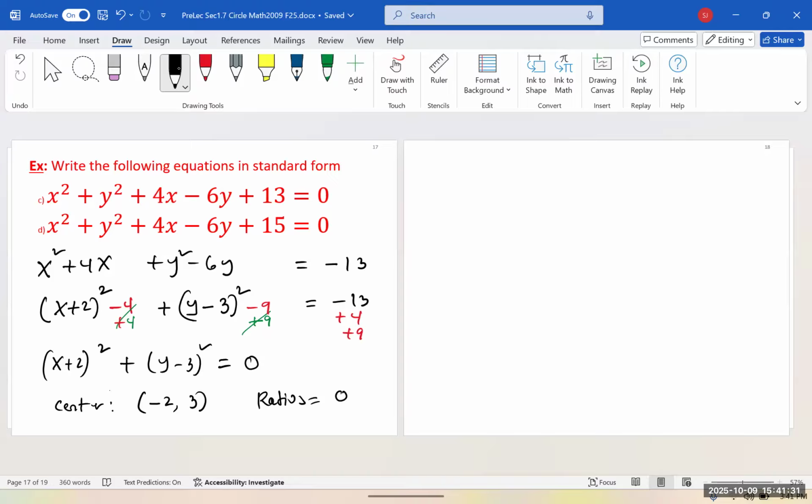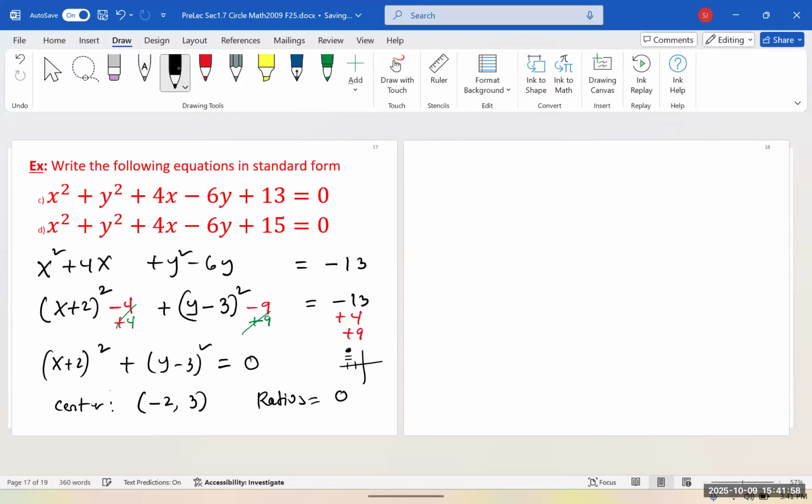It's a point. Good job. Anytime you have a radius 0, you can just put a dot at negative 2, 3. Only a point has radius 0. So a circle does have radius 0, but it doesn't stay as a circle, it stays as a point.